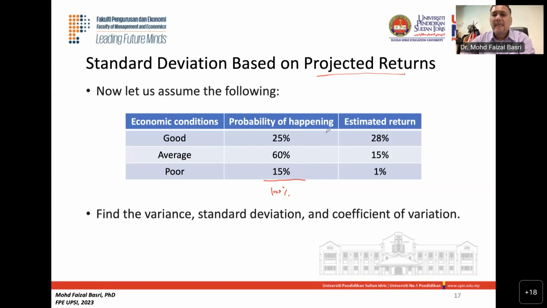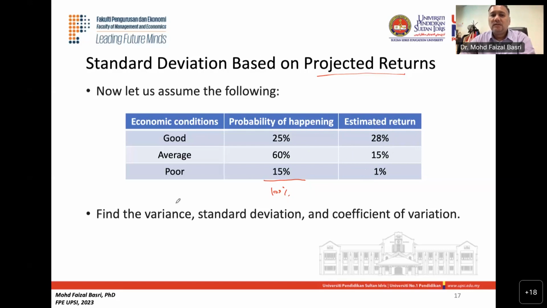And for each economic condition, they will give us different returns. If it's in the good economic condition, it will give you the highest, 28%, the average 15%, and if it's in a bad economic situation, we will receive just 1% return.